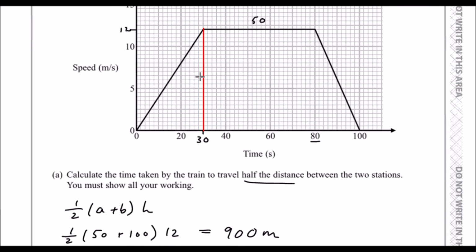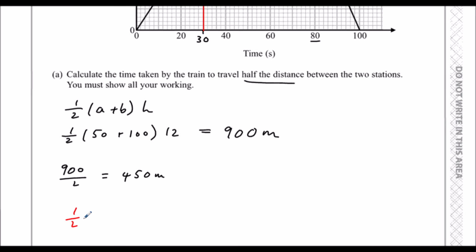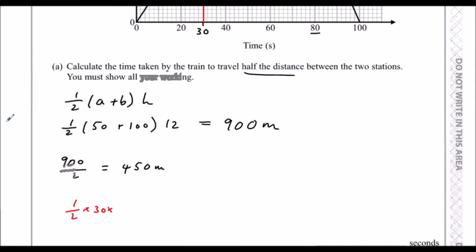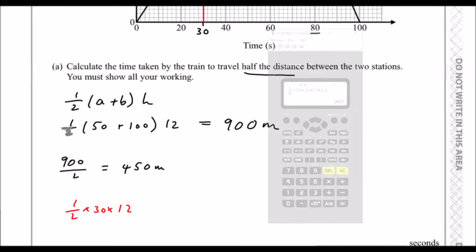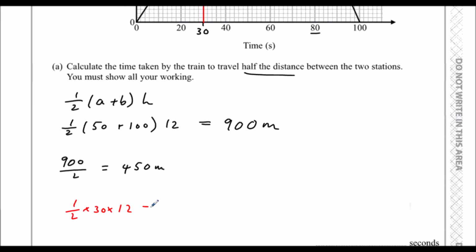So let's work out the area of this triangle. Half times base times height. Half times 30 times 12 is 180. So that triangle is 180 meters.